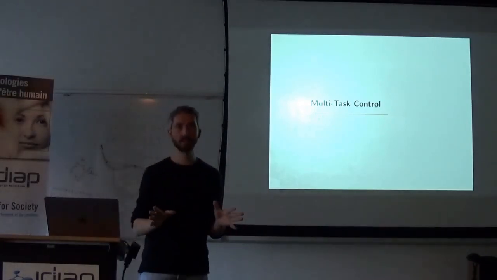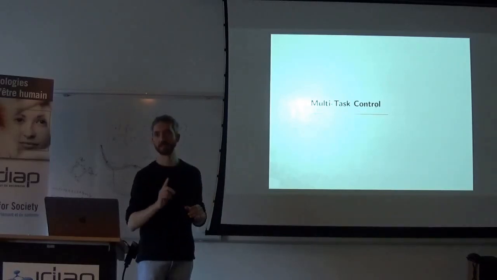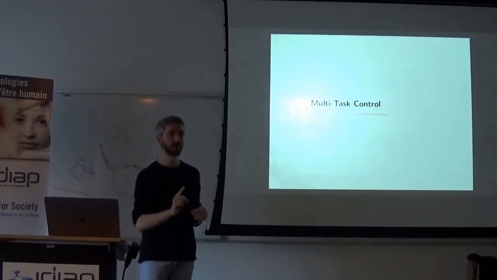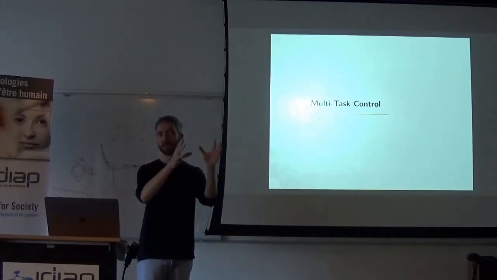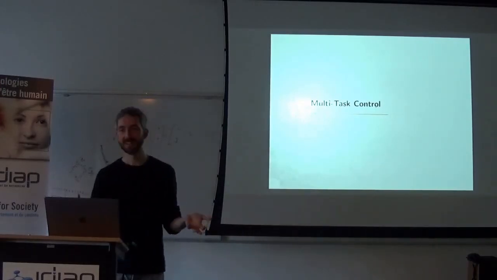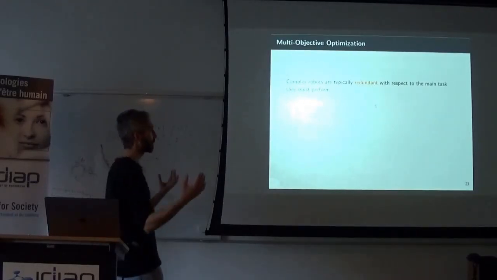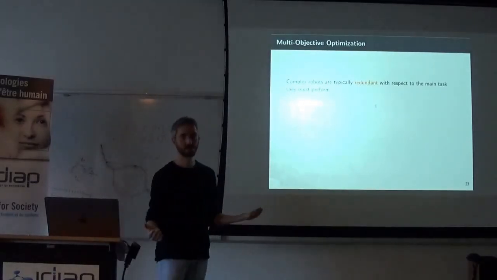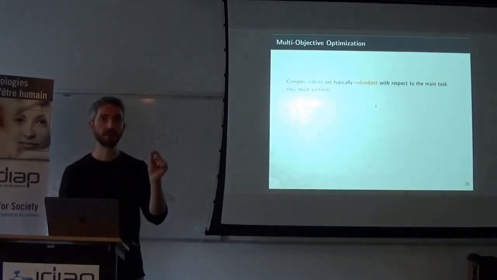So far we have only been discussing the single task control problem. So you have one task that you would like your robot to perform, and you want to find the motor commands to make this happen. But what if you have a redundant robot with many degrees of freedom that has to perform a very simple task?